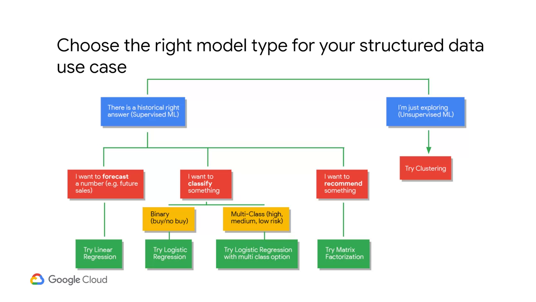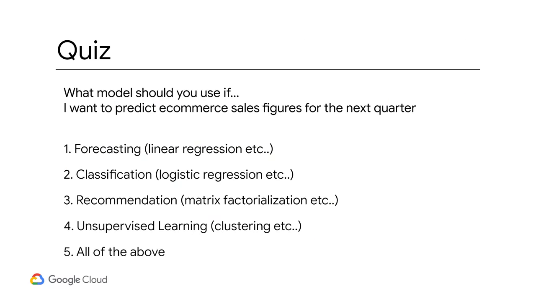It's my recommendation that even if you know how to build advanced models, that you start with simpler ones first because they often train faster and give you an indication of whether or not ML is a viable solution for your problem. Here's a quick quiz to test your knowledge of different models to use for different problems in your business.